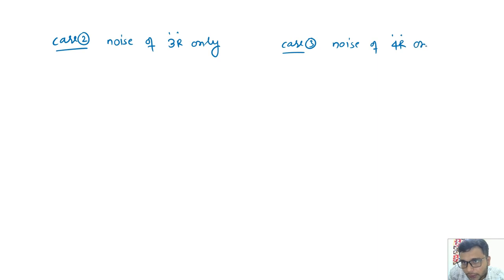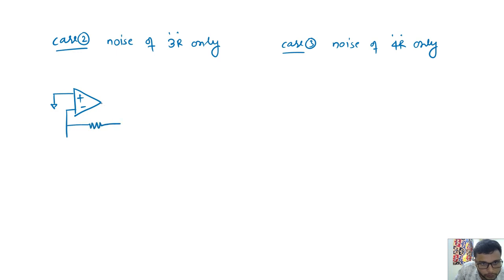So for the first circuit I will explain for every source, and after that I will write for the second circuit directly. Okay, so for this circuit, again we will short the input, and the noise of 3R we can consider in two ways, one as a current source and one as a voltage source.